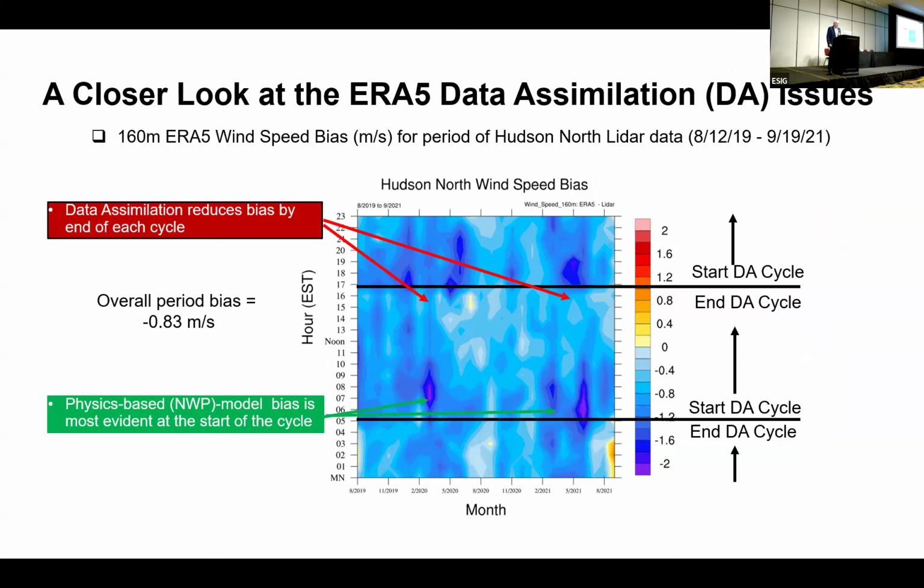You'll see large negative biases at the start of the cycle, and then the cycle removes a lot of that, and at the end, there's much lower bias. So there's a change in bias according to where you are in the data assimilation cycle, and the transition between cycles causes that change.